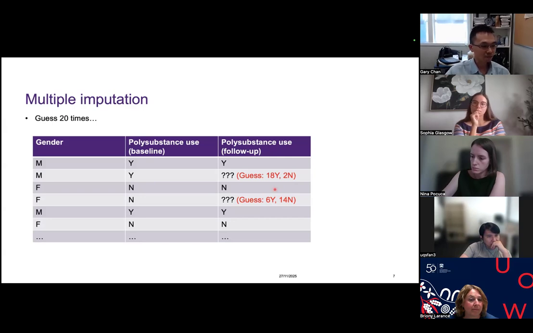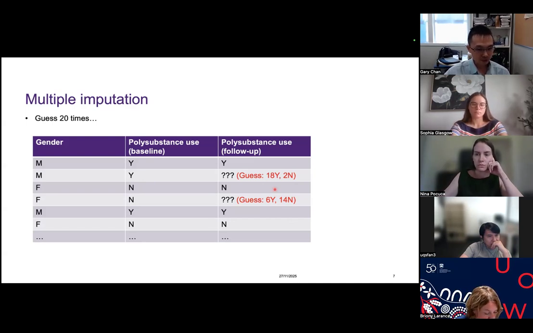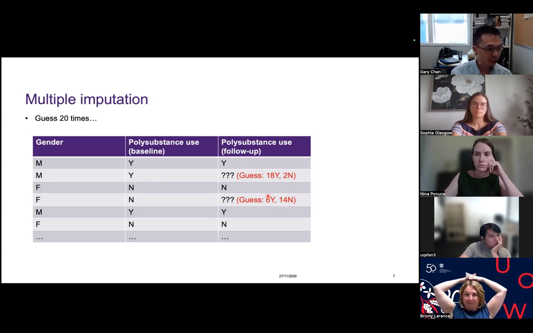Sometimes, 6 out of 20 times, there could be some chance of polysubstance use at follow-up. These educated guesses are based on the data structure, all the information in the data set. That's what the multiple imputation algorithms will pick up.